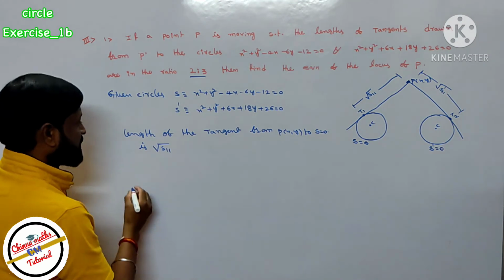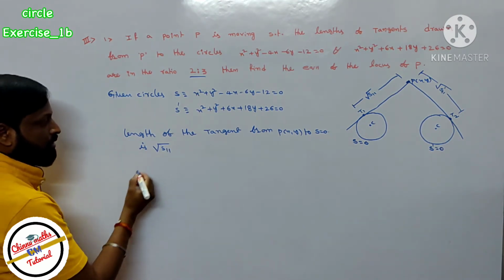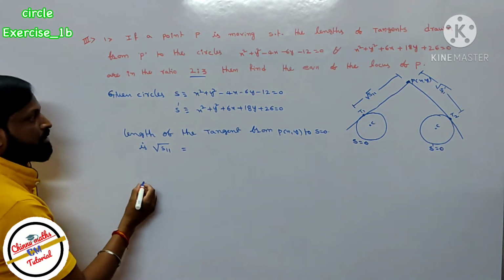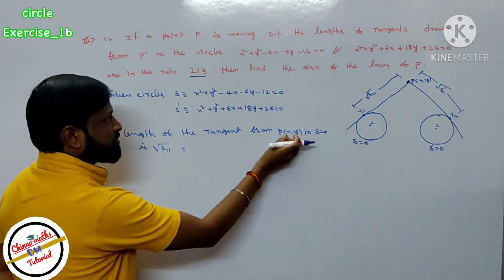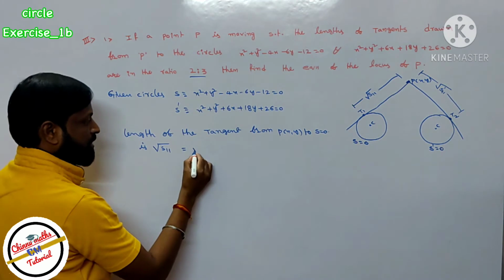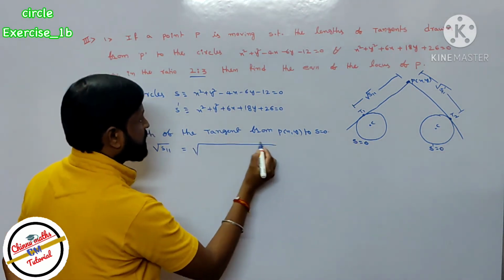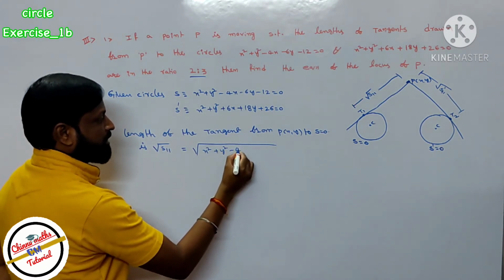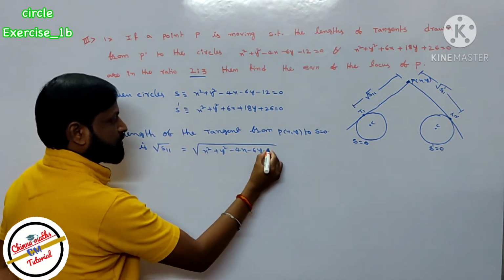Okay, next, root of S11 means: the point is substituted in the first circle equation, so that means root of, you will get the same equation, x square plus y square minus 4x minus 6y minus 12.